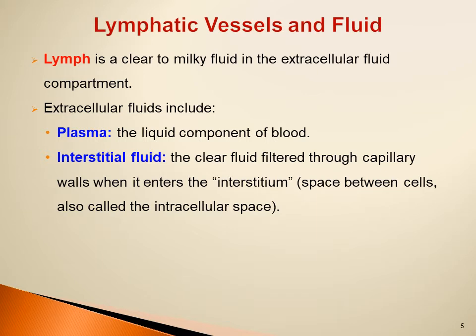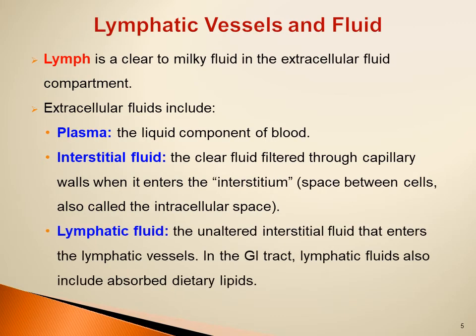As you remember, every day 20 liters of fluid are filtered and 17 liters are reabsorbed. So there is fluid that is left in the interstitium that should be drained through the lymphatic vessels. So the lymphatic fluid is the unaltered interstitial fluid that enters the lymphatic vessels. And the GIT lymphatic fluids also include absorbed dietary lipids.